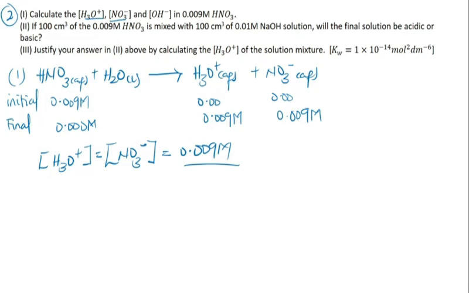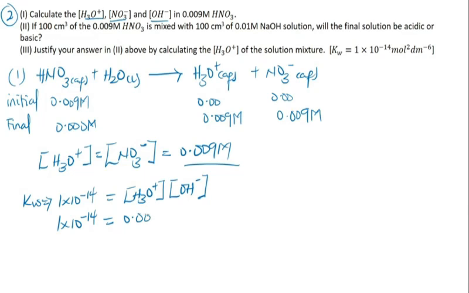Now let's move on. We have to find the concentration of the hydroxide ion, but we know Kw was given to us as 1 times 10 raised to the power minus 14. So Kw is equal to the H3O+ ion concentration times the OH minus ion concentration. We have our H3O+ ion concentration as 0.009, so we substitute that into the equation. We have 1 times 10 raised to the power minus 14 is equal to 0.009 times OH minus.